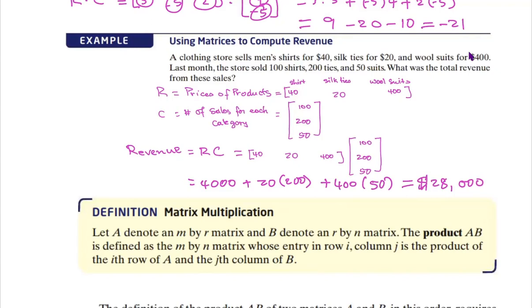You would say that this is the revenue for shirts, revenue for the ties, and that's the revenue from the suits that give you the total of $28,000 in revenue.